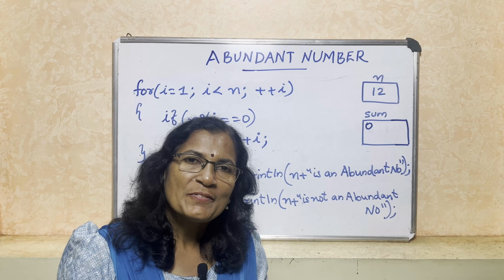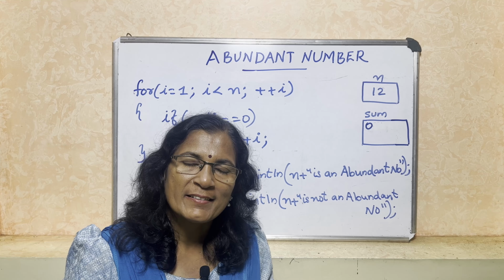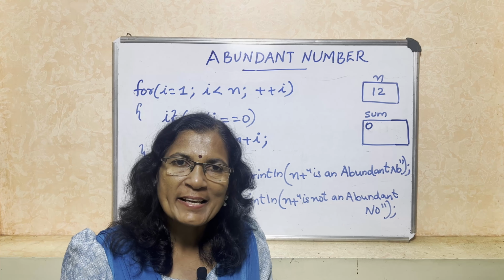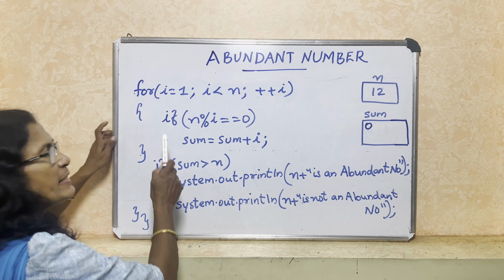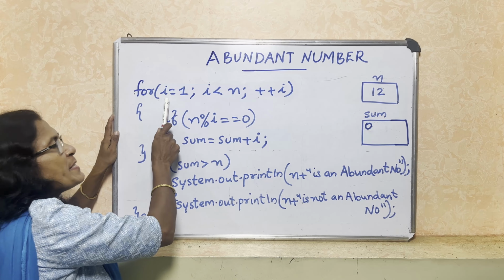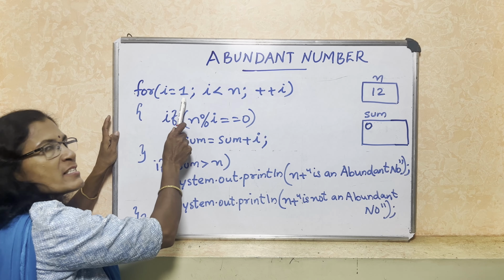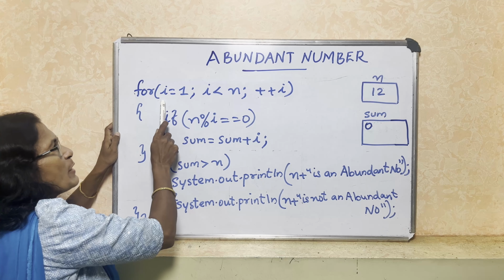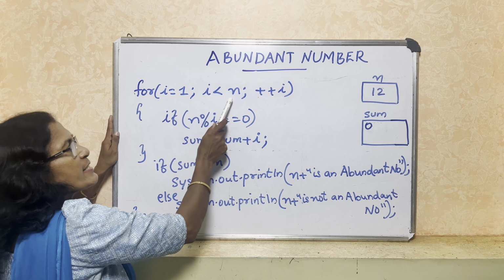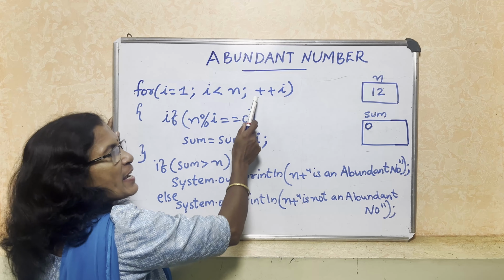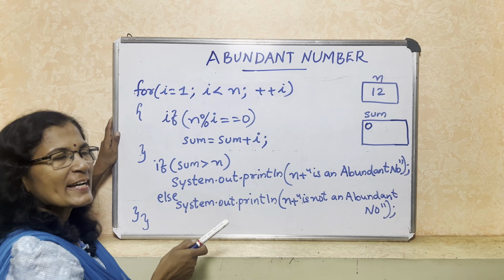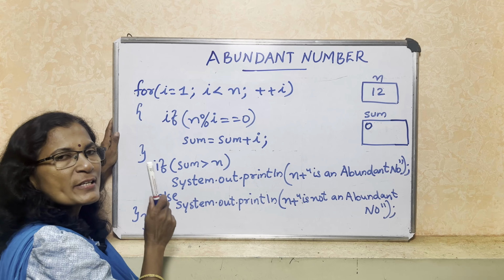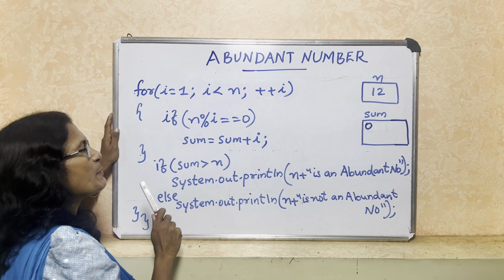Now, let's find out the factors of n and calculate the sum of all the factors excluding n. For this purpose, let's use a for loop. The for loop's index variable i takes the values from 1 to n minus 1: for i is equal to 1, i less than n. And each time the for loop goes for an iteration, the value of i is incremented by 1 to take all the values from 1 to n minus 1.